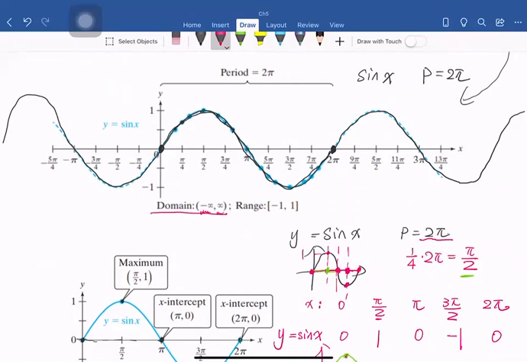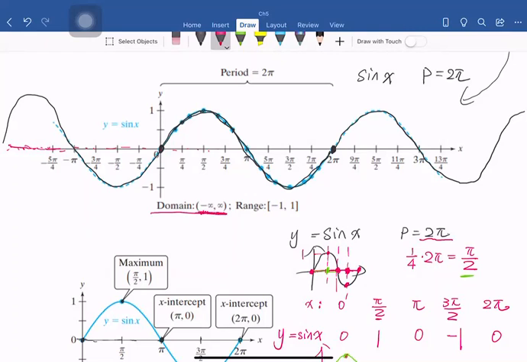That means all x values for which the function is defined. So any point on the x-axis, I can choose any of this. So all of these values will make the sine of x defined. That means I can choose any value from the x-axis.